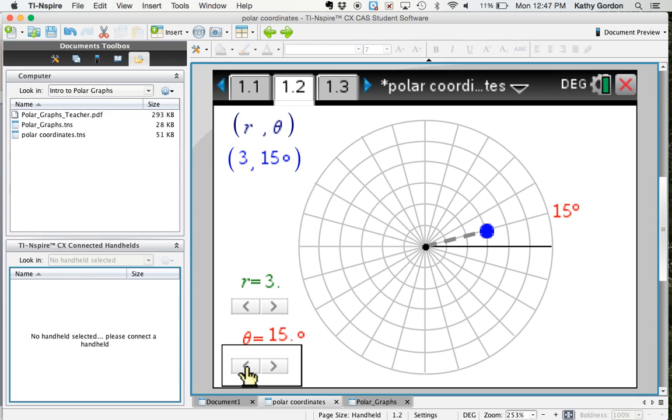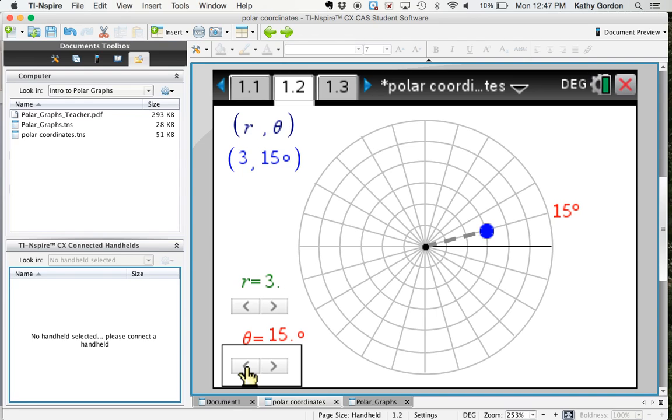And the reason for that is because when you are actually graphing a polar equation, you are probably going to start, at least, with relatively easy angles, which will be the angles from the unit circle, because you don't necessarily need a calculator for that.